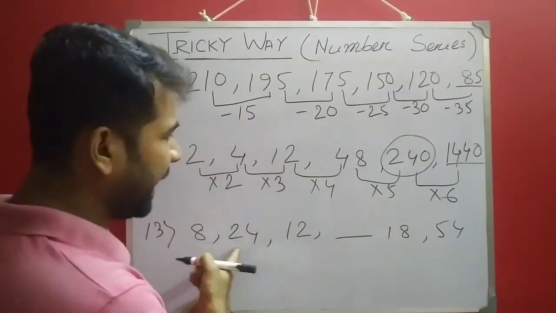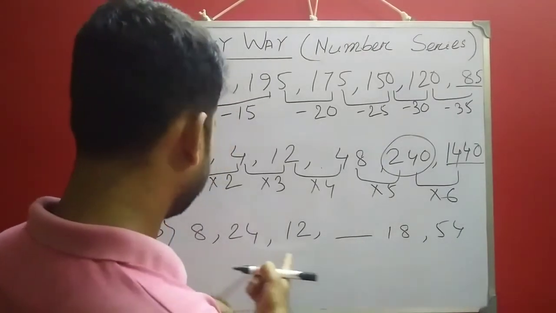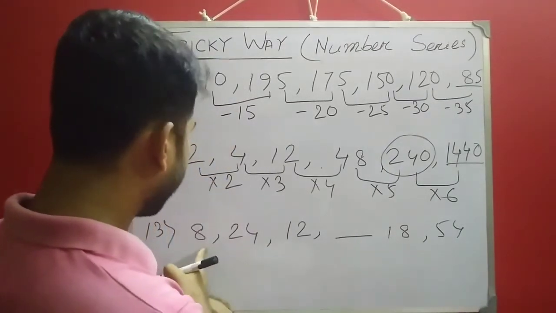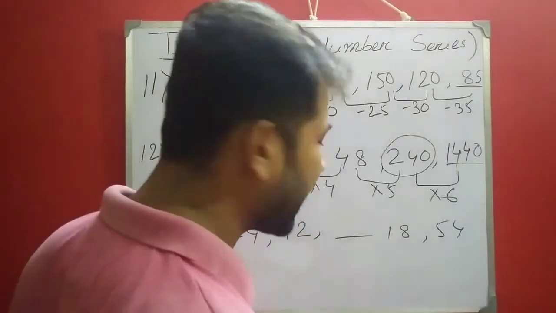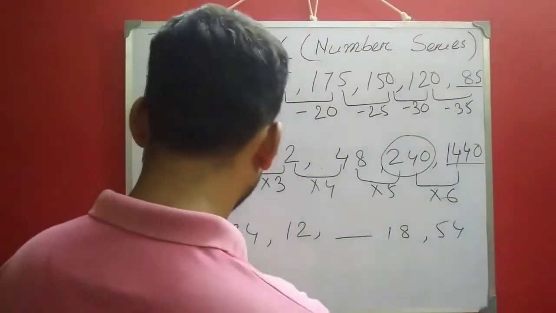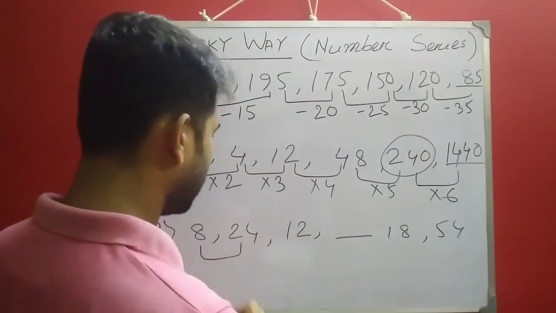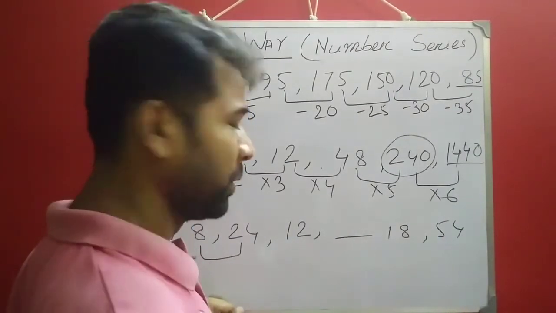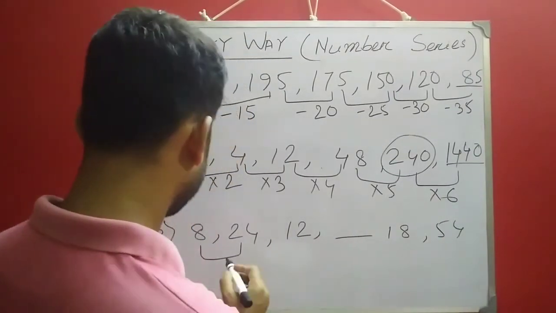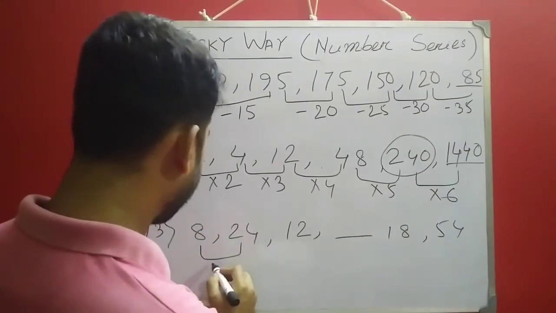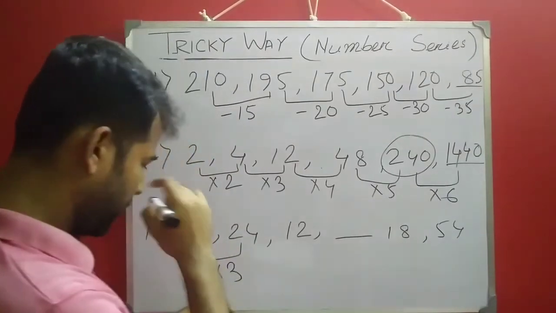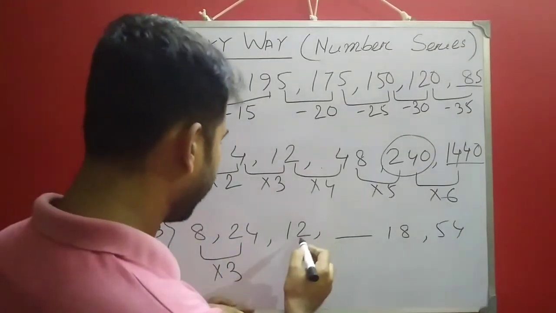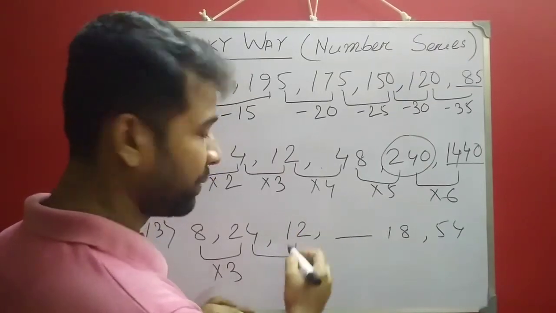And it is an increment and decrement operation. Clear? So in this type of case, I always recommend starting from the beginning. So it is 8 into 3 equal to 24 and it is 12.